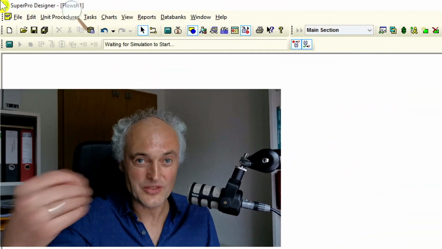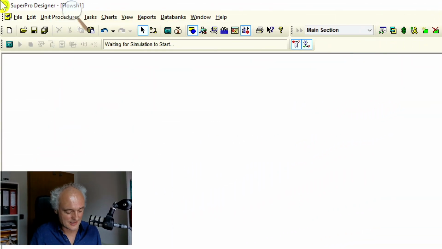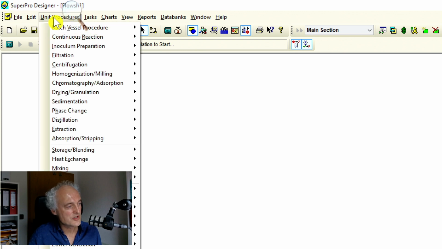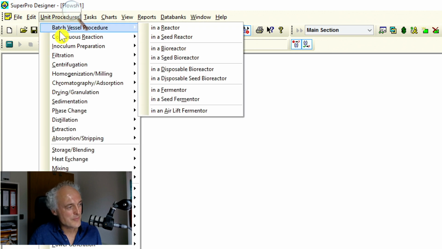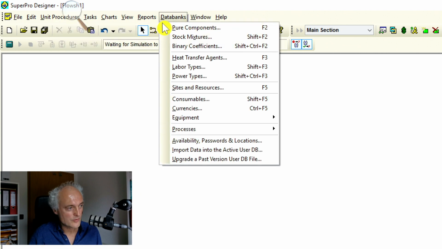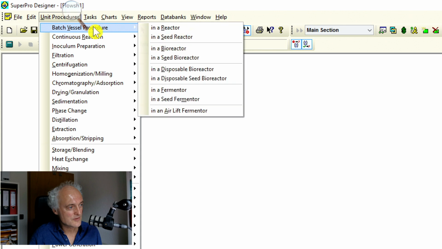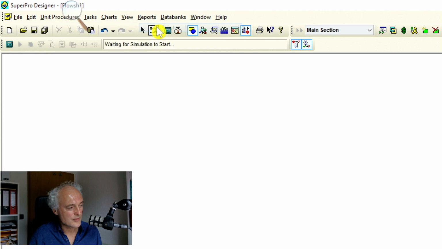Now we want to add a procedure. Now that's the big day. We start with adding a unit. We go to unit procedure, and we add a batch vessel procedure in a reactor.